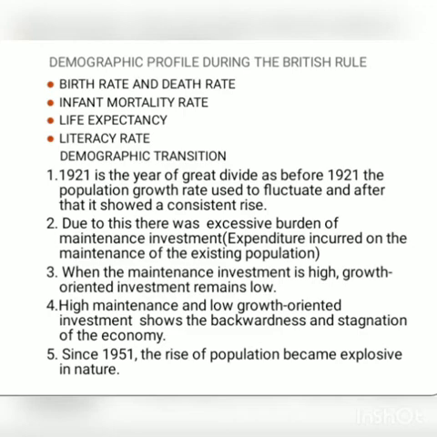But after 1921, there was a consistent rise in the population growth rate in our country. When population is increasing, the maintenance investment also will increase. What is that maintenance investment? It is the expenditure incurred on maintaining the existing population. So it was also increasing.